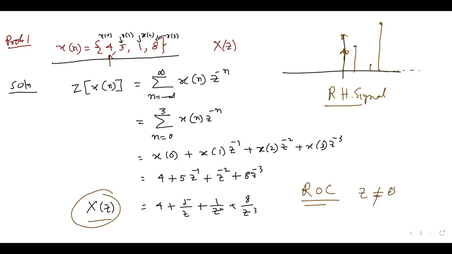Is it clear? You can take any value, you'll find the converging solution. But if z equal to 0, then this X(z) becomes infinite. So the region of convergence is all points, all values of z except z equal to 0. Okay?